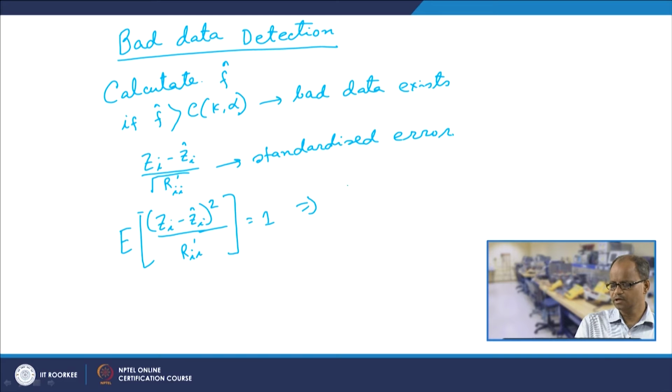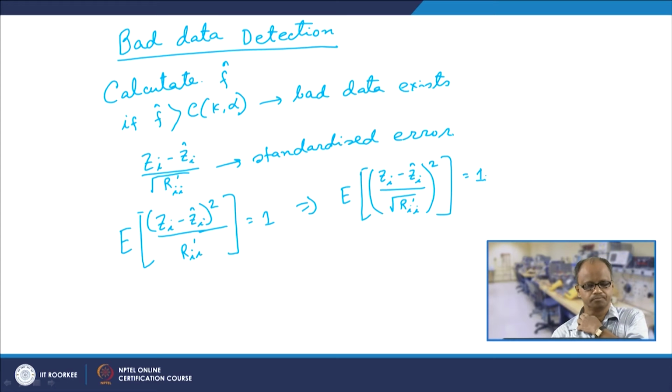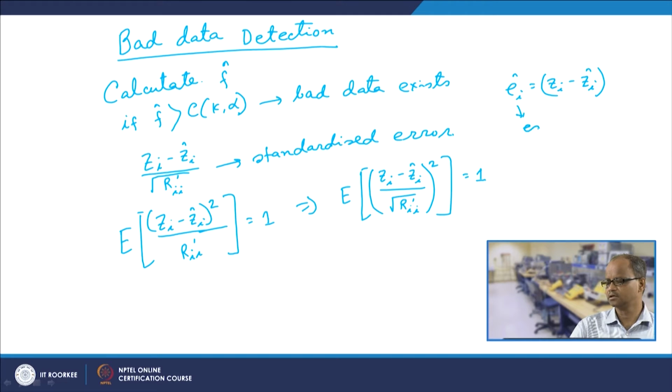So, this can be written as the expected value of zi minus zi hat by root over rii dash, whole square, is equal to 1. That can be said. We also note that ei hat, the estimated value of error, is zi minus zi hat. So, this is the estimated error.